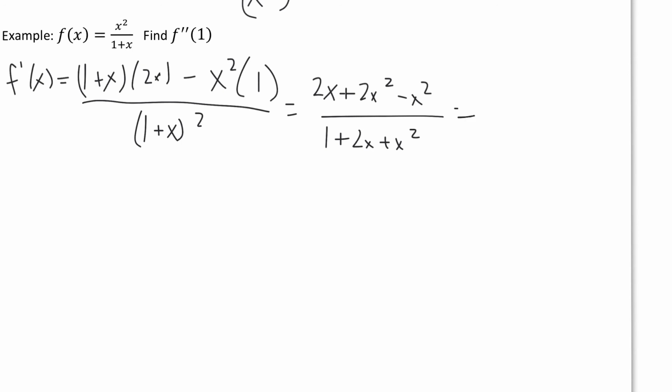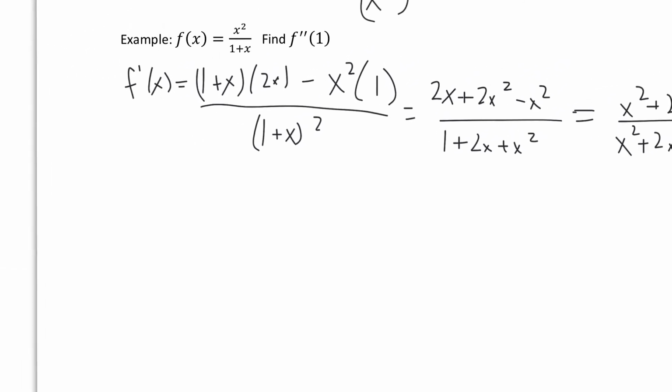That'll be equal to x squared plus 2x over x squared plus 2x plus 1. All right, let's go ahead and do the second derivative.